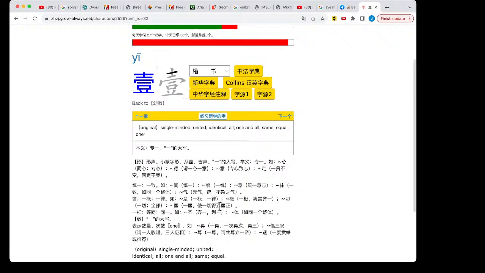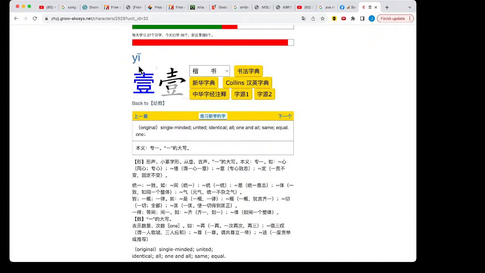So a lot of the time it was used in united, in single-minded, in complete, one unit, that kind of thing. But in modern Chinese, this one is no longer used in this context because this character is rather difficult to write. So all the meanings that I just mentioned were converted to use the very simple one, just the one single stroke, 一.